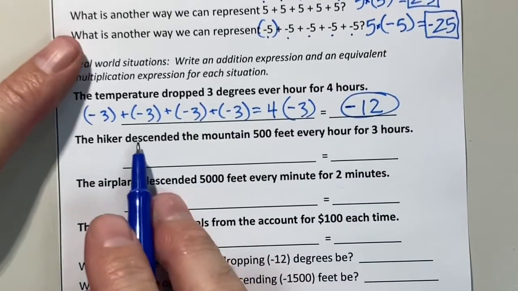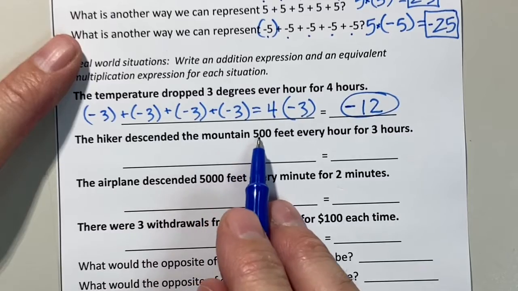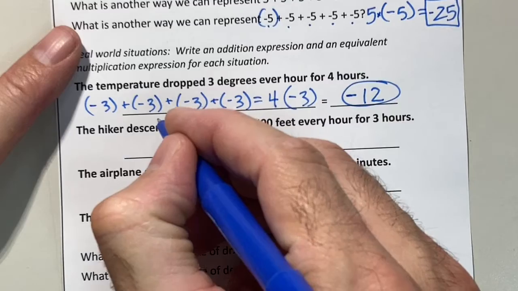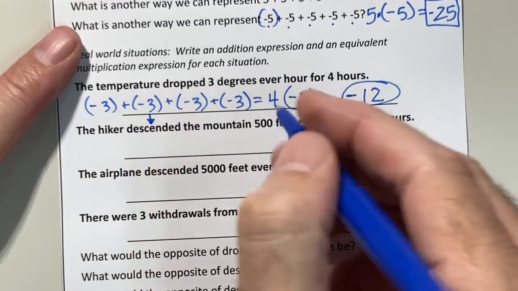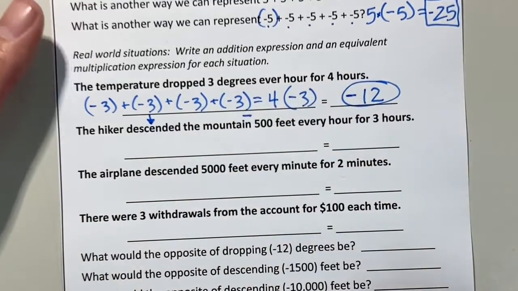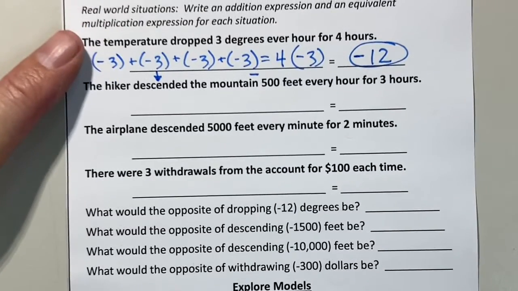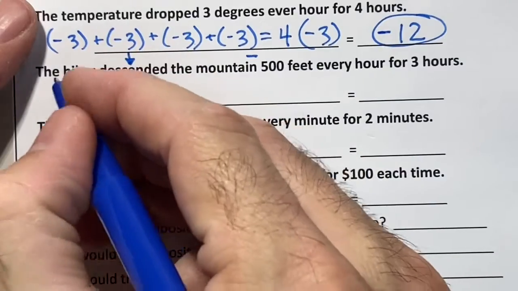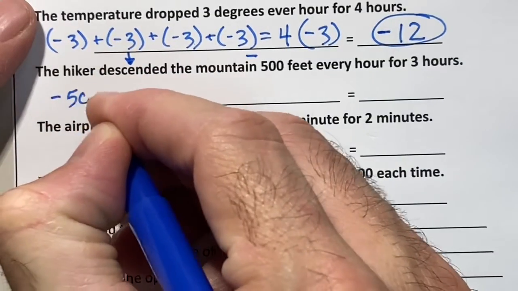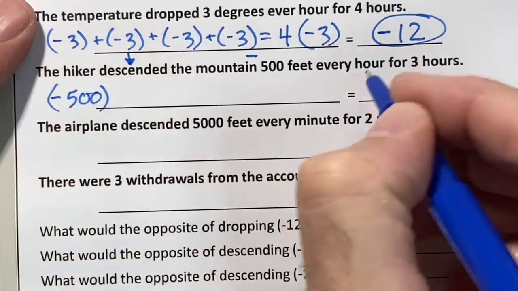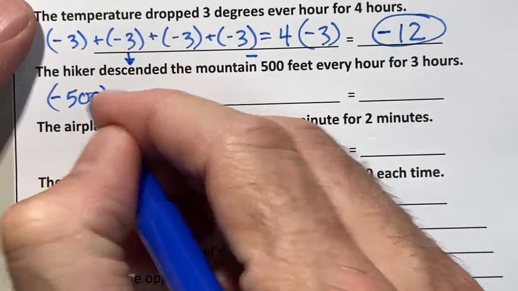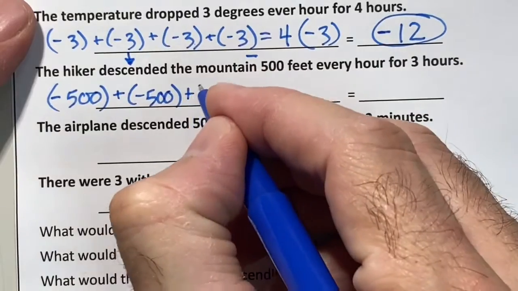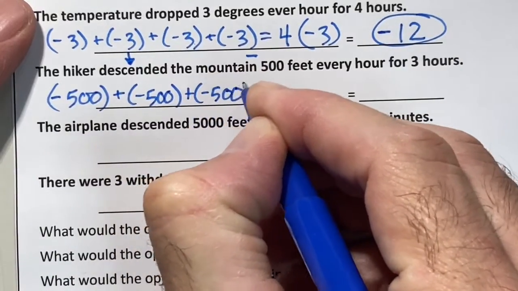The hiker descended the mountain 500 feet every hour for 3 hours. Descended means you are going down the mountain, so that would be -500 feet every hour. It went down, and it was 3 hours, so there's 1 hour, 2 hours, and 3 hours.